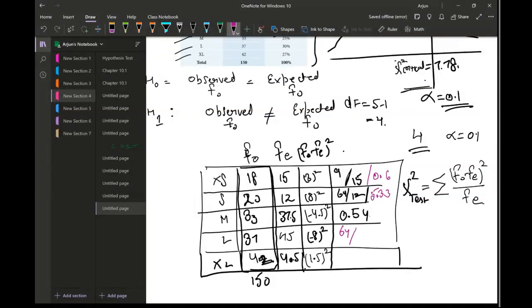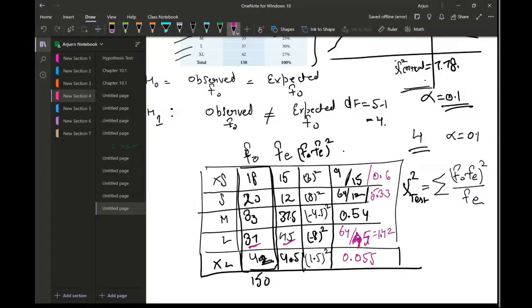And 64 divided by here it is 45, so 64 divided by 45, which is 1.42, and 1.5 times 1.5 divided by 40.5, which is 0.055.